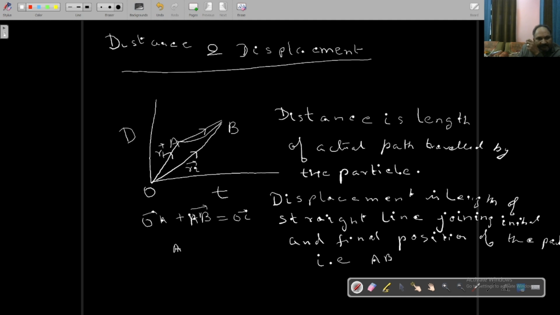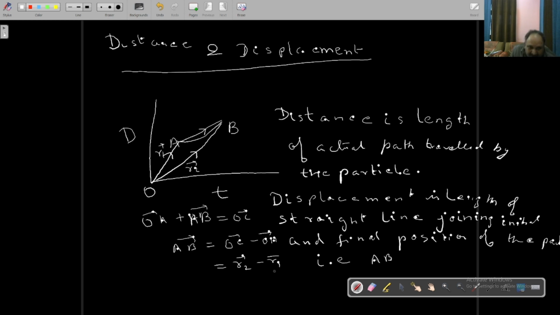Hence AB vector is equal to OC vector minus OA vector, which means R2 vector minus R1 vector. Okay.